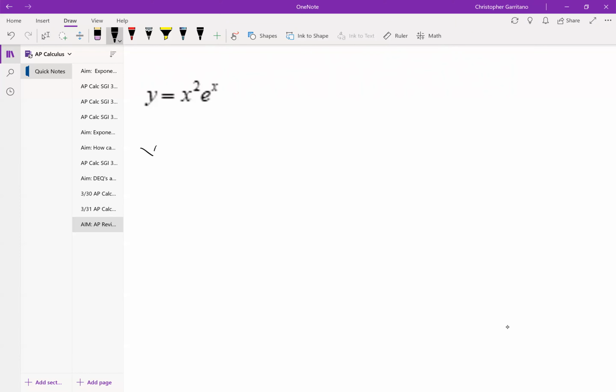So y prime is equal to, so I'm going to do the derivative of the first times the second plus the first times the derivative of the second.